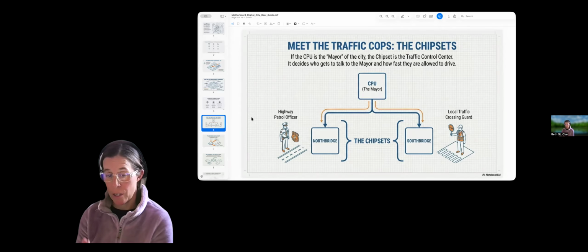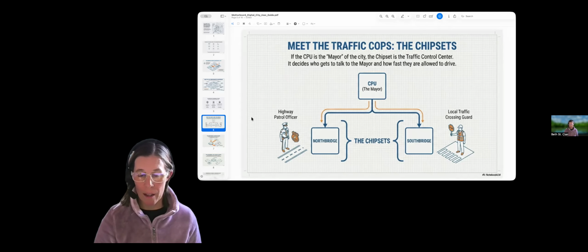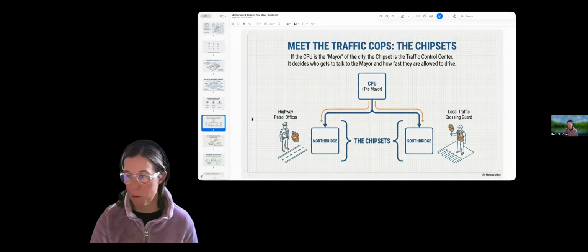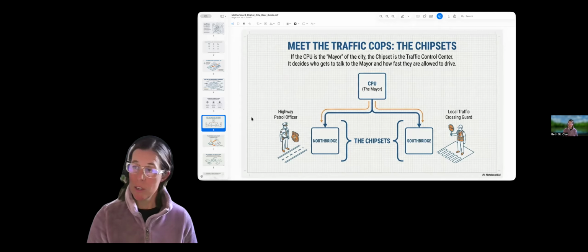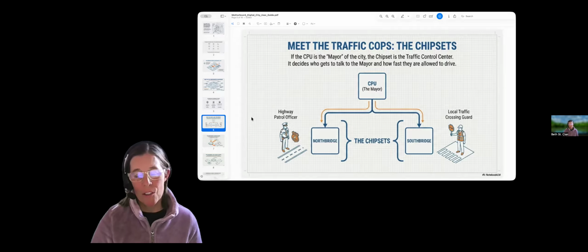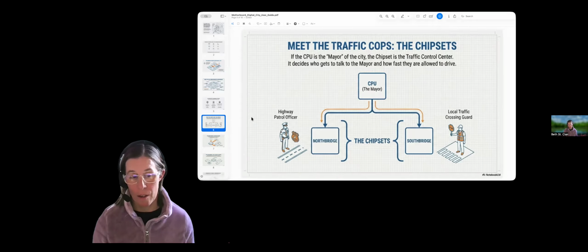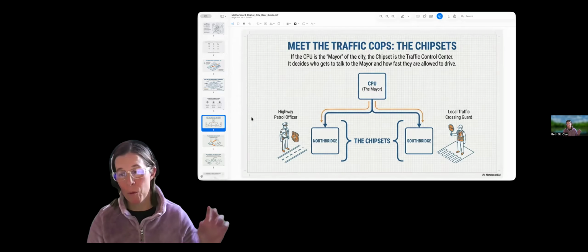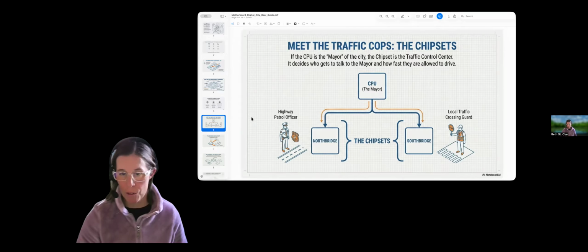Now let's take this analogy and go down south, and let's sit on a nice porch on a hot summer day down in New Orleans. You're not going to be moving quickly because it's just too darn hot. It's too humid. So you're sitting there, maybe sipping a little tea, hoping for some air conditioning. So the South Bridge handles all of those slower components. If you use that analogy, you'll remember that the North Bridge is handling the fast stuff and the South Bridge is handling the slower stuff.